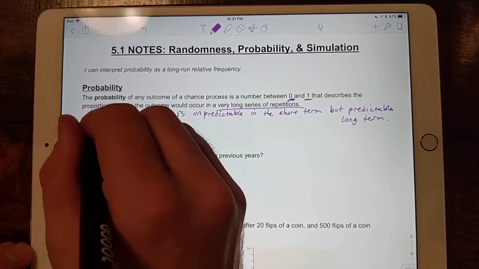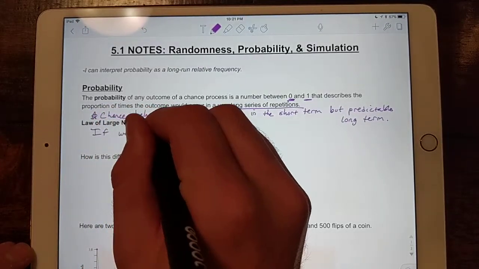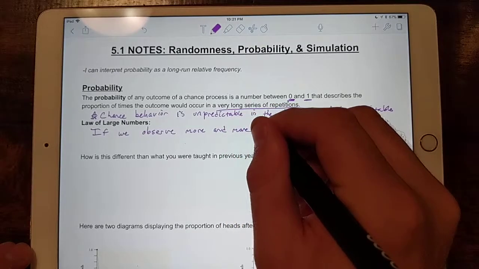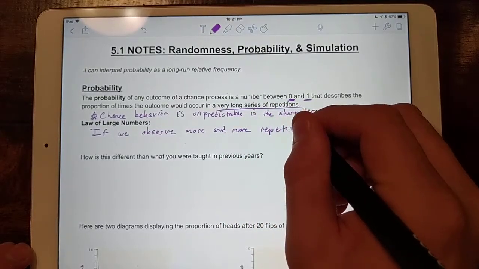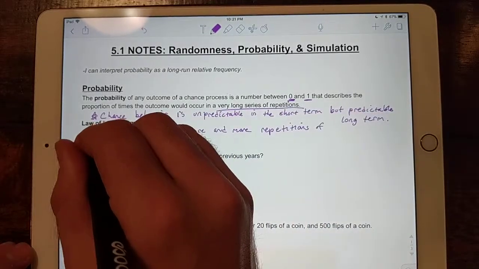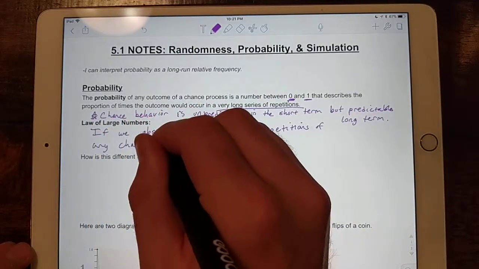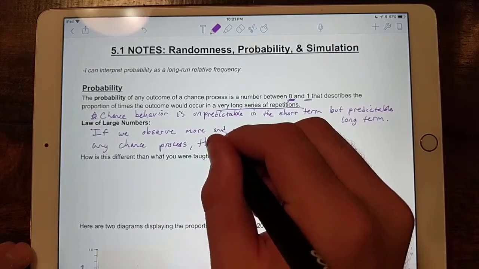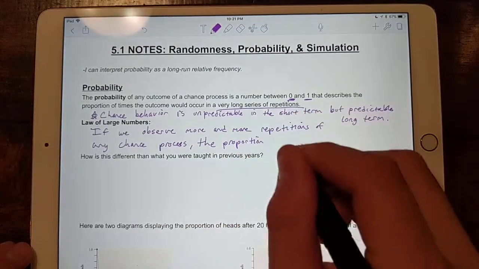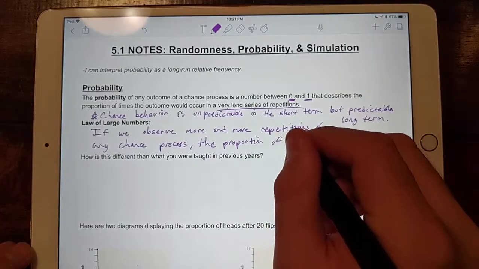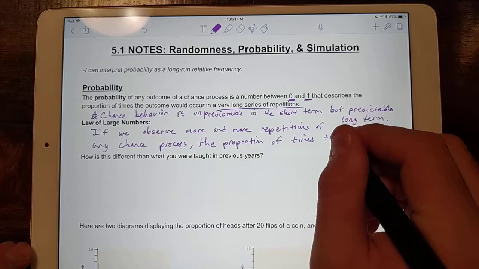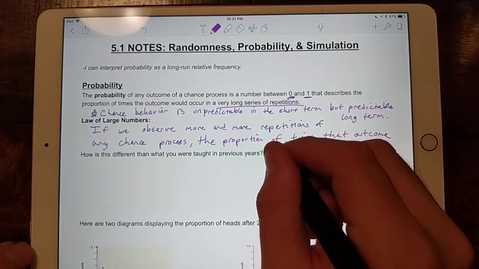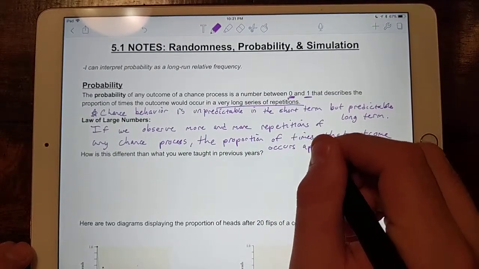The law of large numbers says if we observe more and more repetitions of any chance process, the proportion of times that outcome occurs approaches a single value.